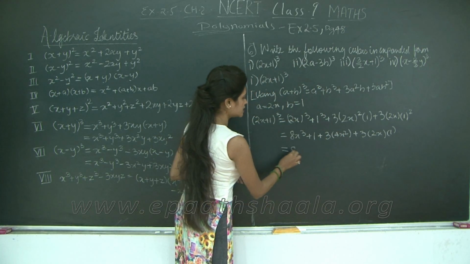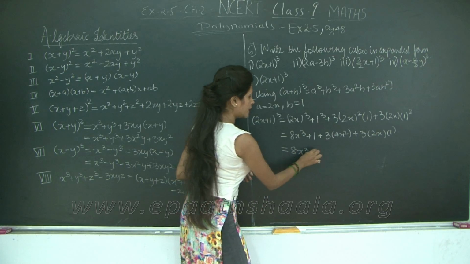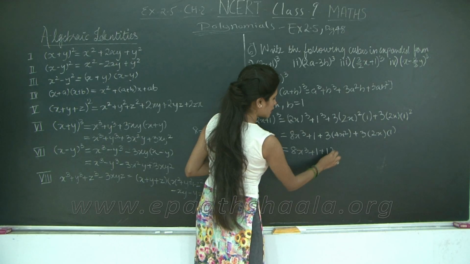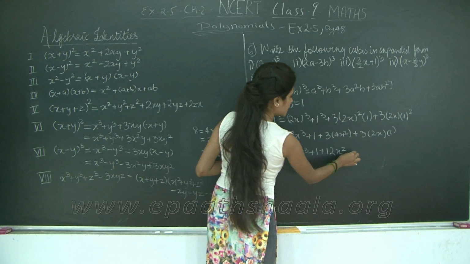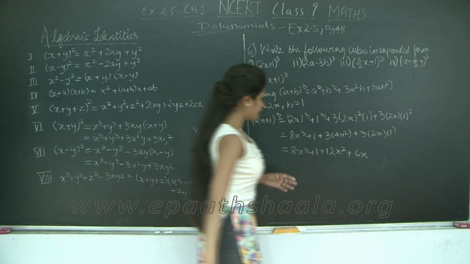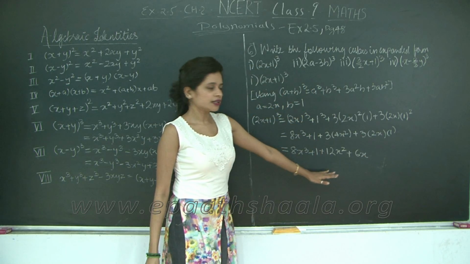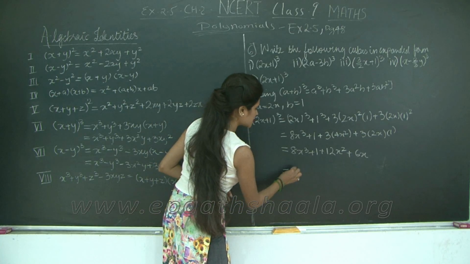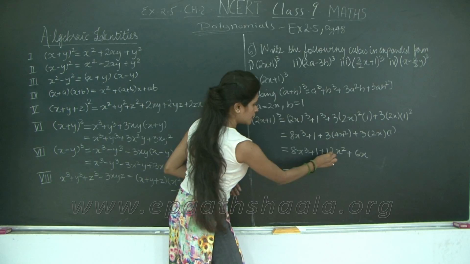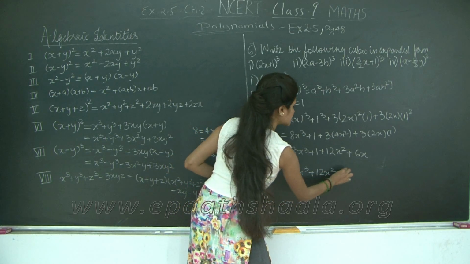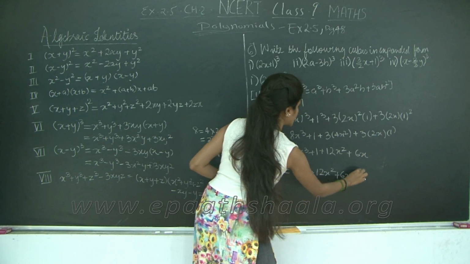So this is nothing but 8x cube plus 1 plus 3 4s are 12, so 12x square plus 3 2s are 6, so 6x, right? I'm just going to write this expression in descending order of their exponents. So this is 8x cube plus 12x square plus 6x plus 1.